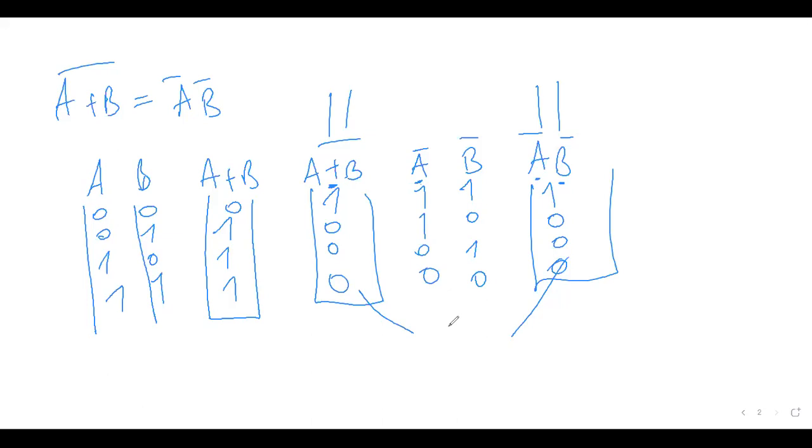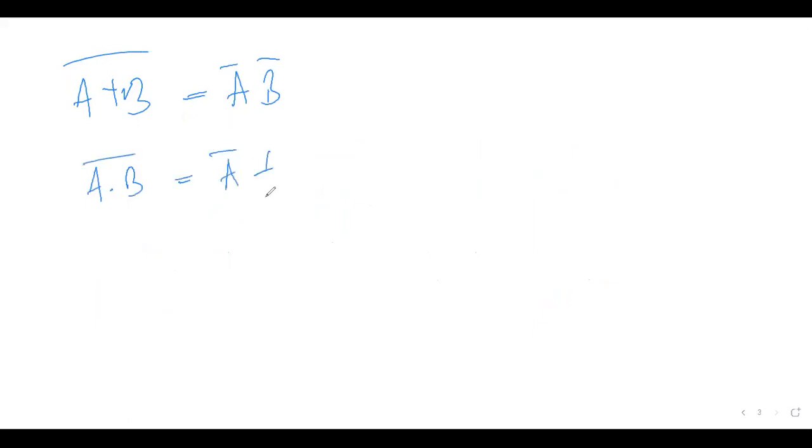De Morgan's theorem, it also has the second part. The first part is A plus B bar is equals to A bar B bar. The second part is A and B bar is equals to A bar plus B bar. If you do the whole process of truth tables, even of designing the gates, you understand they are the same.